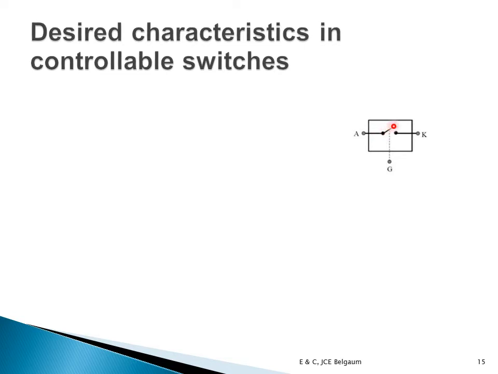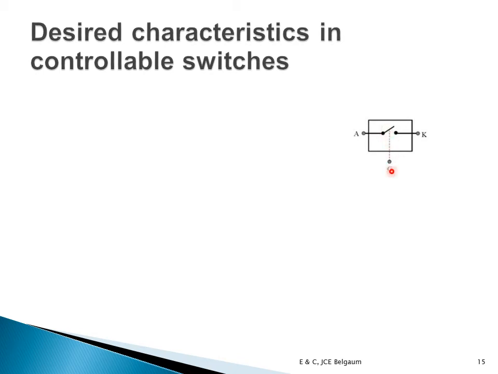So when this switch is on, the current is going to flow from anode to cathode, or cathode gets connected to anode, and it simply behaves like a single wire connected, which has zero resistance. Because of that, when the switch is on, the voltage drop across the switch has to be ideally zero. And it is controlled by whom?